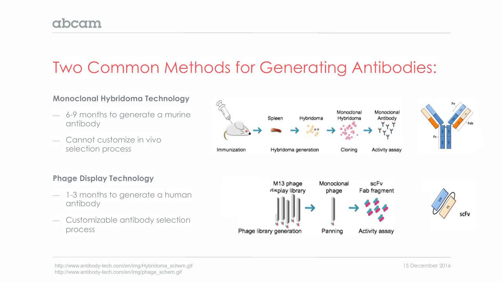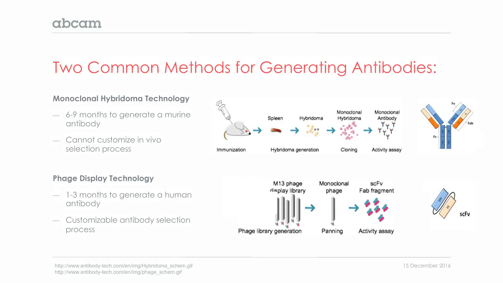And what you can do through a process called panning is enrich for phage that display an antibody fragment with desired antigen binding properties. So in our case, we're using an antibody fragment referred to as a single chain variable fragment, or scFv. And that's where you directly link together the variable heavy region and the variable light region of an antibody as a single chain. And this is the minimal portion of the antibody that retains antigen binding.